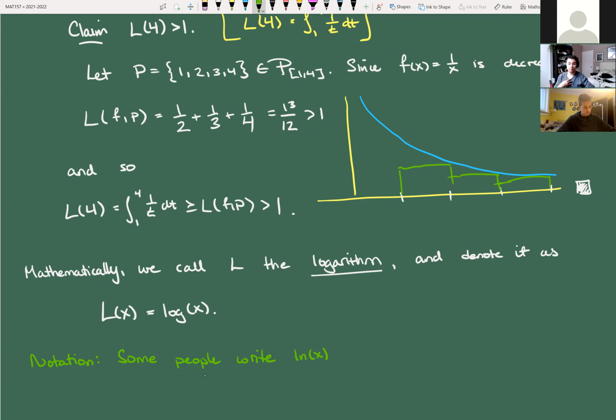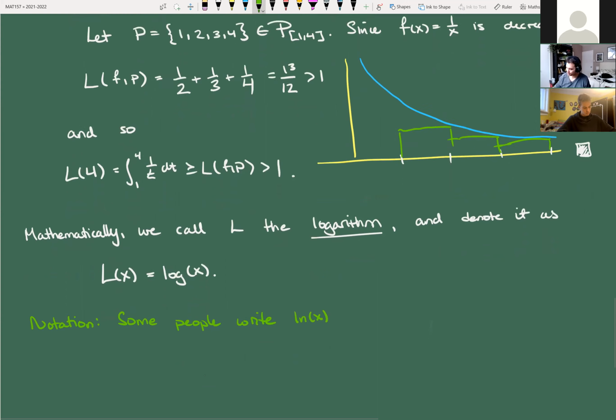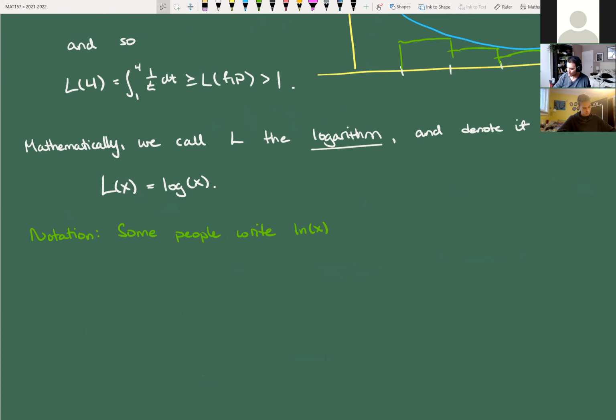We haven't even talked about in this class what base e means, because in order to do that, we have to define what an exponential is. So that's the next step. Okay. So by the inverse function theorem, L prime of x is never equal to 0.